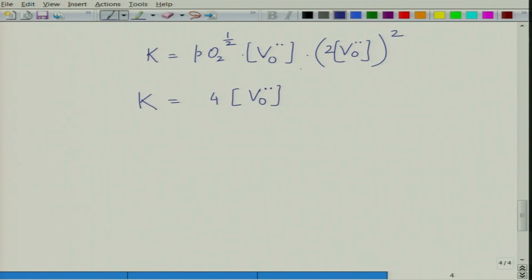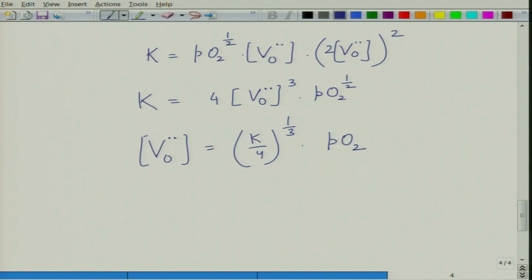If you now rearrange it, K becomes equal to 4 into VO to the power 3 into PO to the power half. Expressing VO, this becomes K divided by 4, to the power 1 by 3, into PO to the power minus 1 by 6.